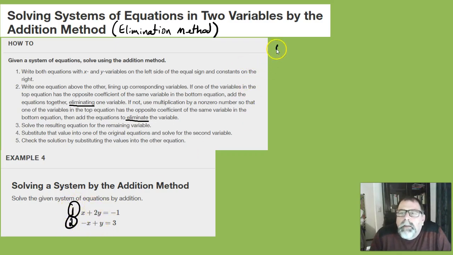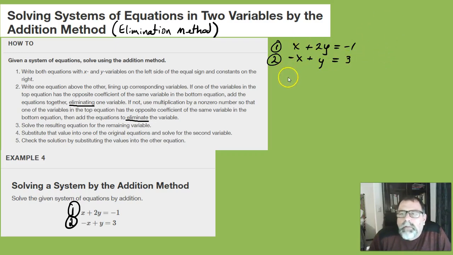Now notice, if I take equation 1 and equation 2 and add them together, the x's will cancel. Basically you're adding the left sides together, you're adding the right sides together, and we just add down the columns.